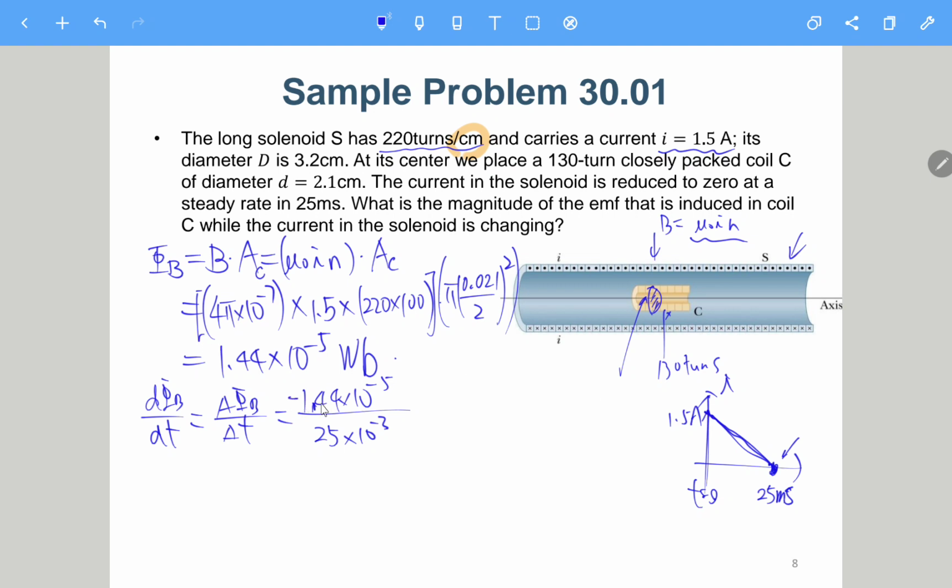So we have a minus sign here. This is actually negative 5.76 times 10 to negative 4 Weber per second.